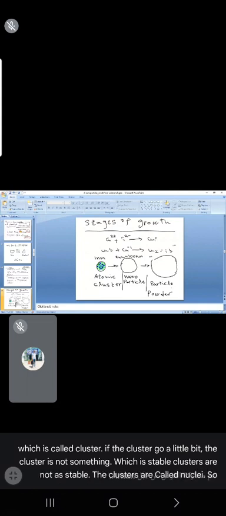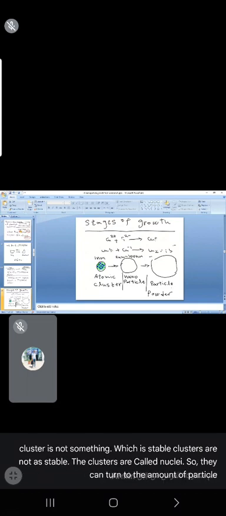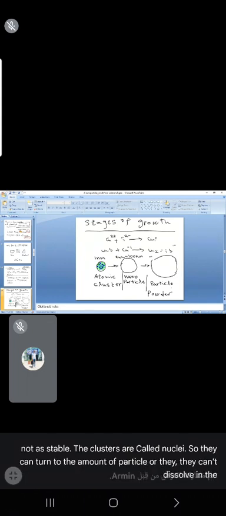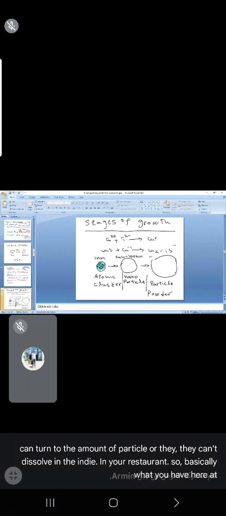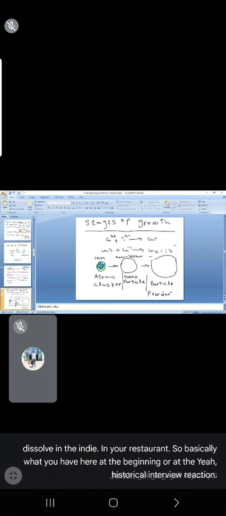So they can turn to the nanoparticle, or they can dissolve in your vessel. So basically, what you have here at the start point of your reaction is just a nuclei for your nanoparticle.